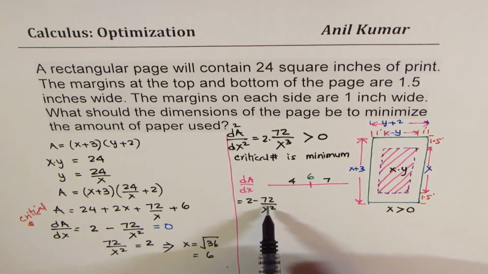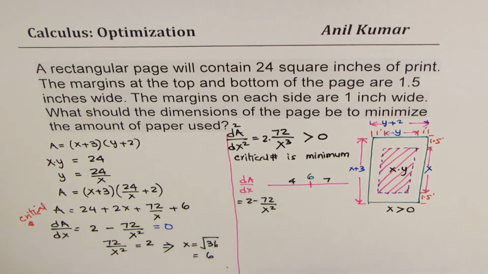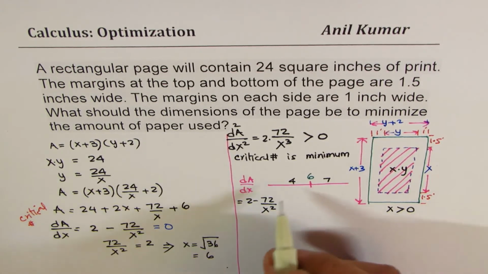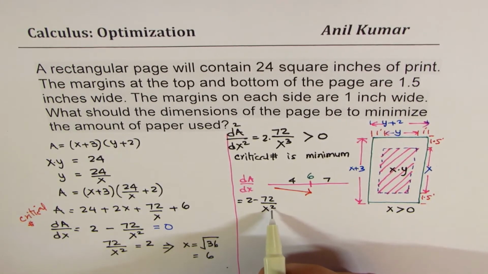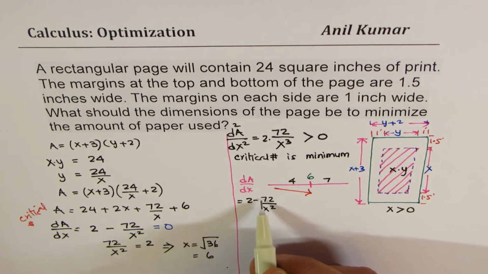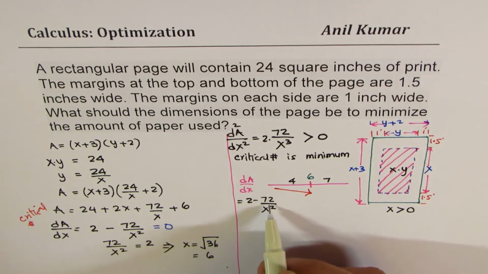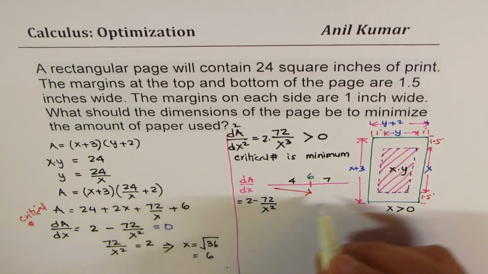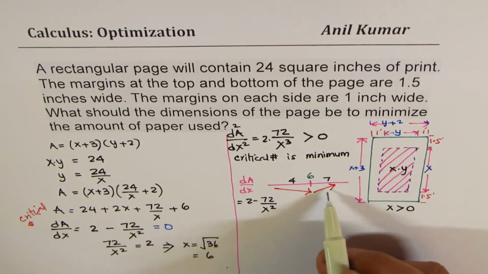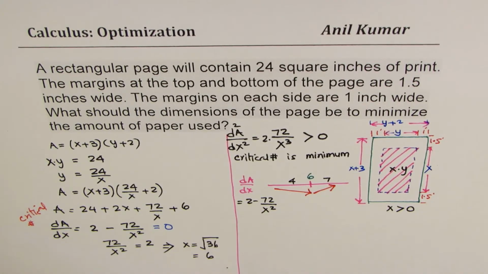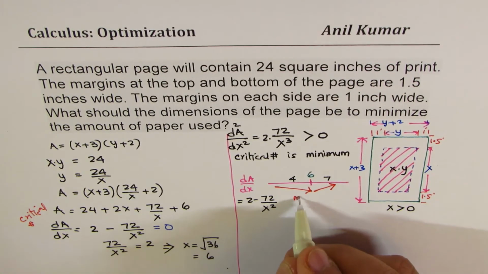Which is 4, and therefore it is going to be negative. So for a value 4 we get a negative. But if I write 7 here, 7 square is 49, and when you divide 72 by 49, you're going to get less than 2, right? 49 twice is 98, right? So it is less than 2. So you get a positive value. Positive value will give me increasing rate of change, and that indicates a minimum.